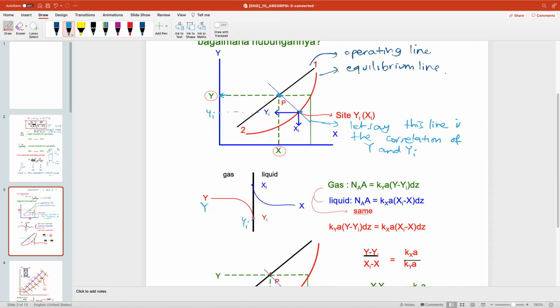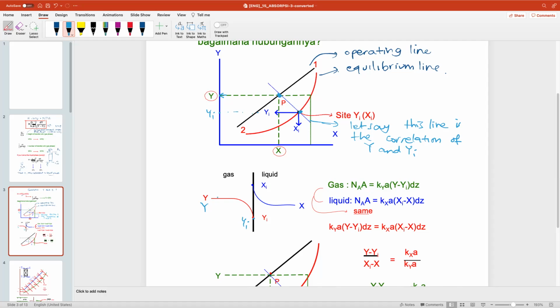Okay, so the correlation of y to yi is stated by the mass transfer, because in a gas phase, from the previous one, this is the mass transfer equation. The Na multiplied with A, the mass transfer flux multiplied with the area, equal to the coefficient of mass transfer, and then multiply with the delta.